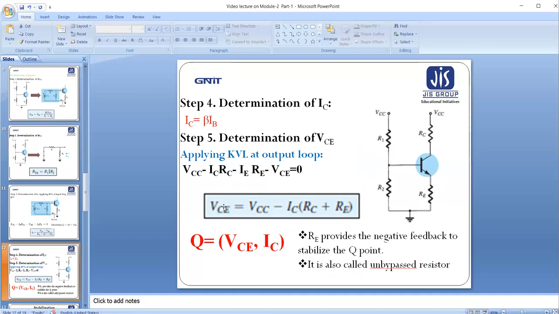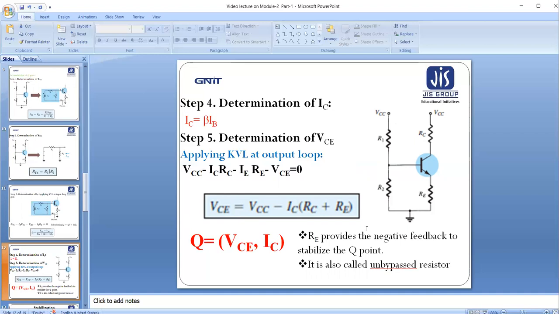So VC equals VCC minus IC into RC plus RE. After calculation of IC, you just put the value of IC here, and thus we can deduce the value of VCE. Therefore, the Q point location is determined.